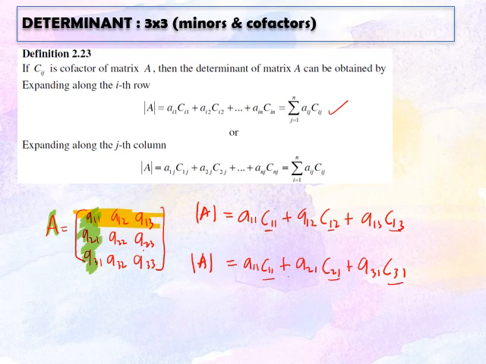Okay, you can use any row or any column. Whether you want to use row 2, row 3, column 2, or column 3, you will still get the same answer. So this is the basic formula. So you need to find the cofactor by using the method that we have learned before, and then you substitute in this formula. So only 3 cofactors are needed to find a particular determinant.